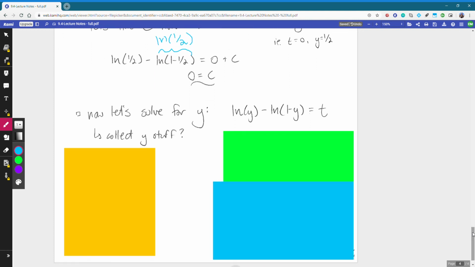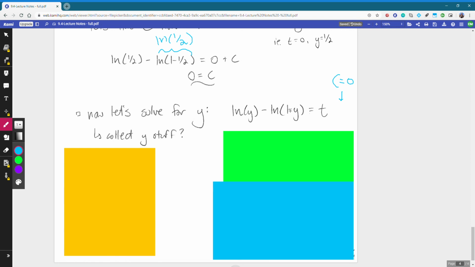And so with that, we have one last step to do, and that's solve for y explicitly in terms of t. And here is our equation with c equals 0 plugged in. So that's gone. And right now, this equation is just describing y implicitly as a function of t.